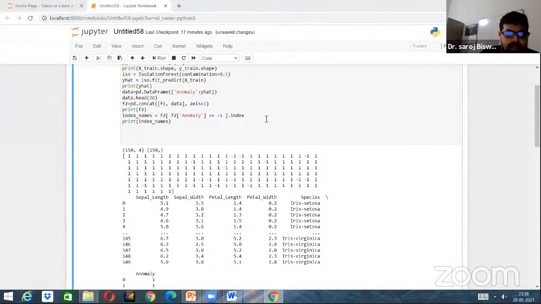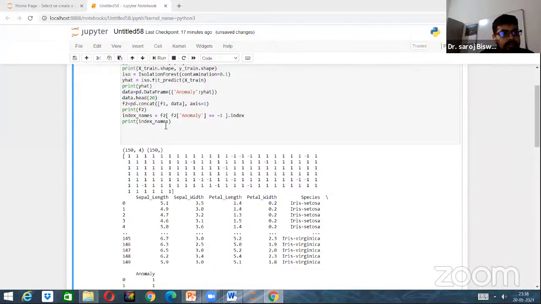Okay, fine. So we concatenate, and this we have already seen. Now what's our objective? F2 is the new data set now. From this F2, we need to identify the indexes where the value of anomaly equals -1. Already we are experienced, because in the box plot we have done this thing.